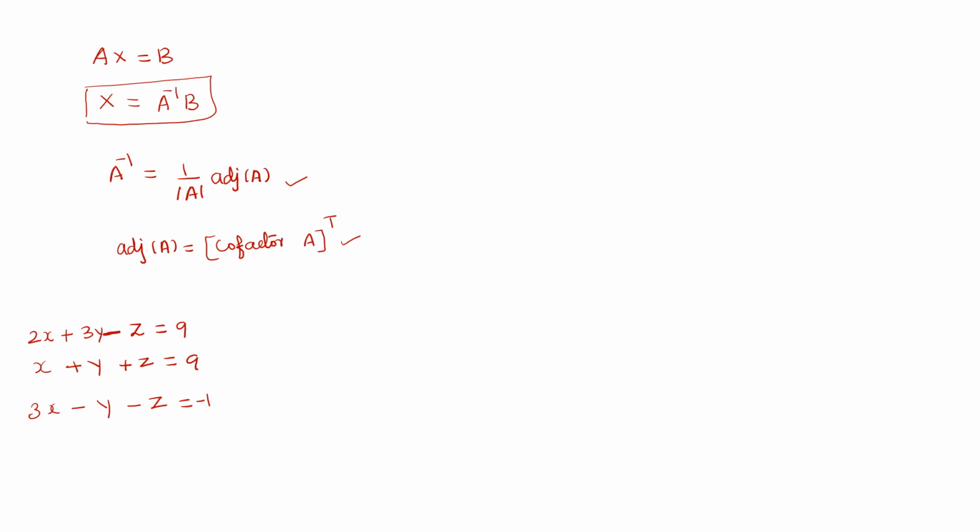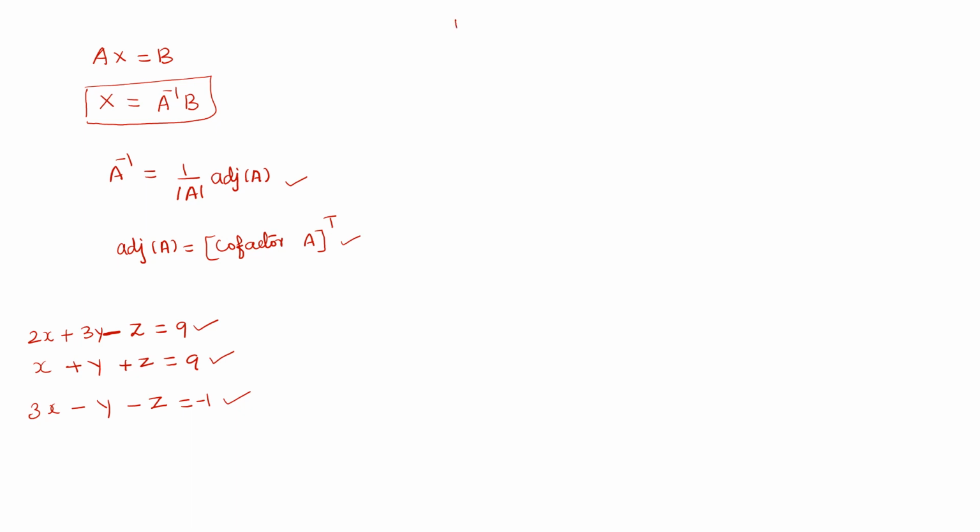I take a linear system 2x plus 3y minus z equal to 9, x plus y plus z equal to 9, 3x minus y minus z equal to -1. Sometimes the question may be asked with x1, x2, x3 instead of x, y, z.